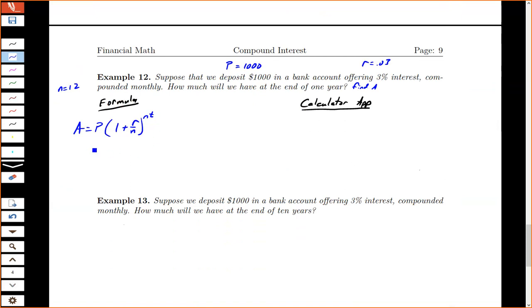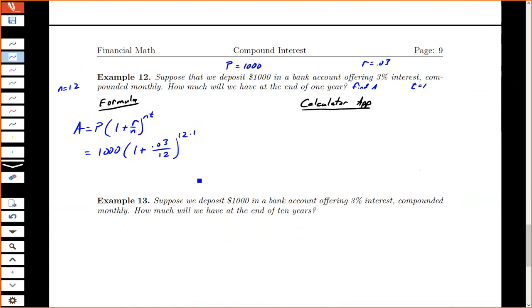Okay, and then I fill in my values. I have 1,000, 1 plus 0.03 divided by 12, to the 12 times, and it's at the end of 1 year, so my time is 1.